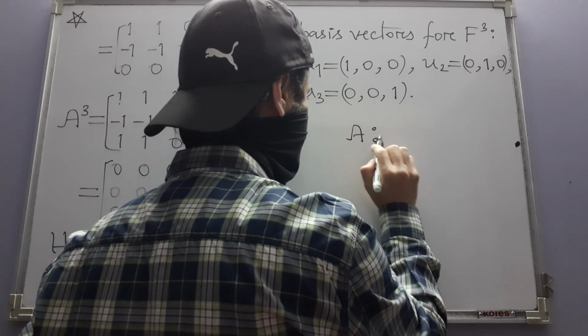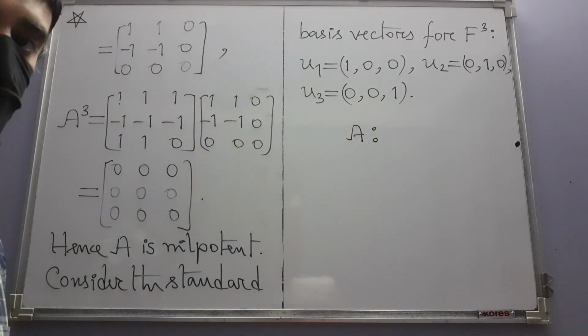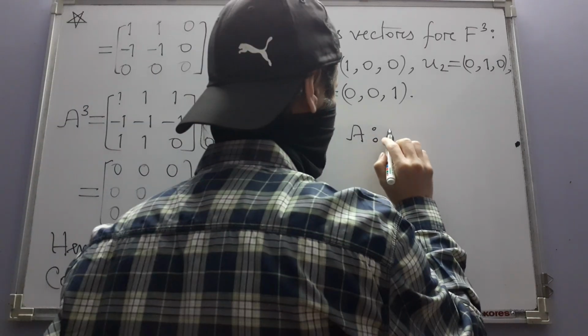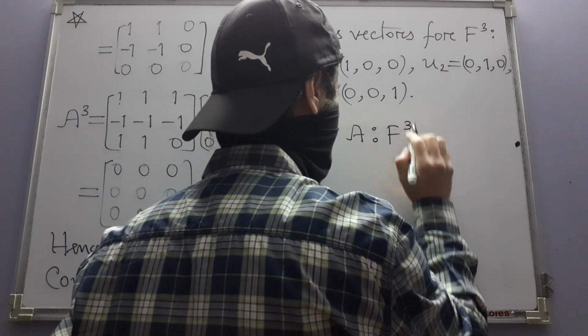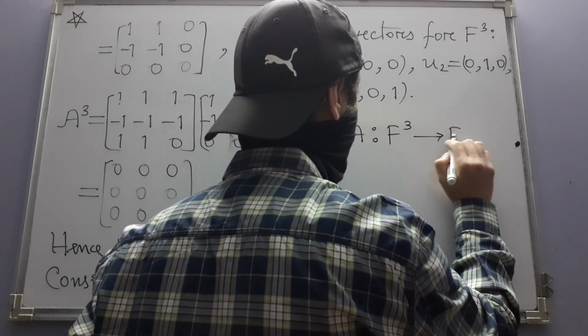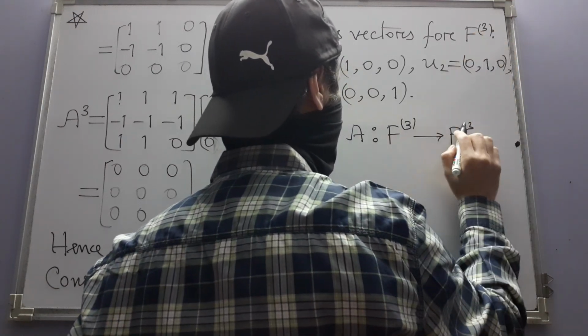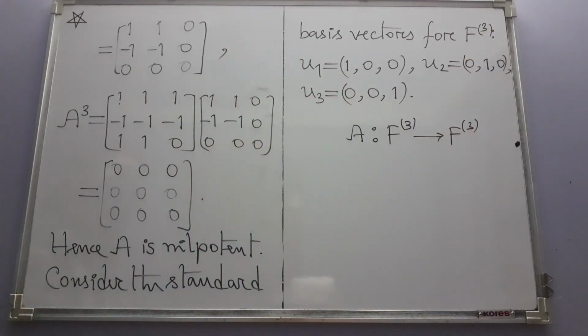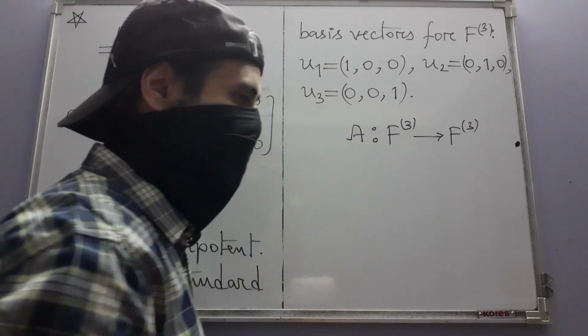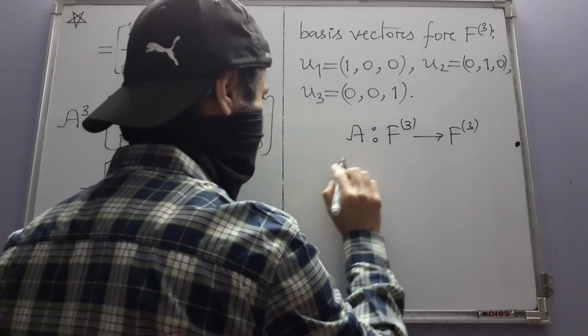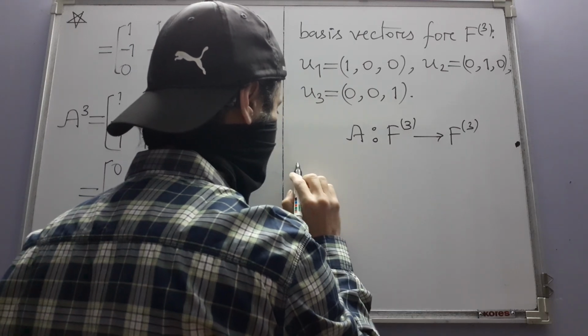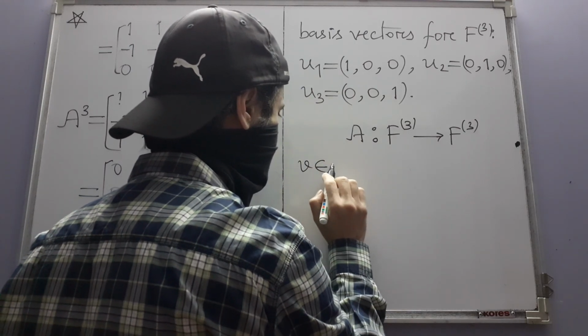That transformation also we are calling A. Actually, I should put this within brackets. And how does it act on the vectors of F3? Say we have a vector V in F3.